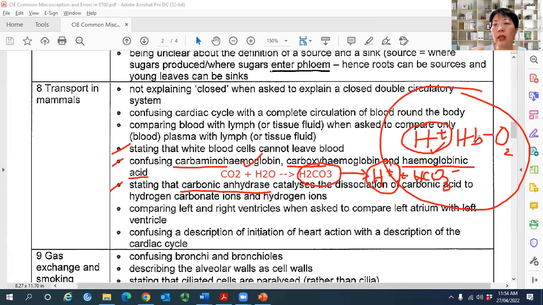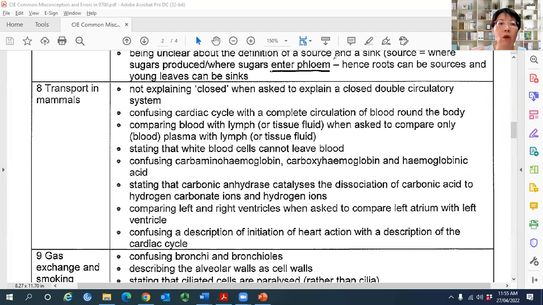Now, because hemoglobin got higher affinity for H plus, it will throw away the oxygen so that it can come and hold the H plus. So this is the meaning of higher affinity, right? It likes H plus more than oxygen, so therefore it has to throw away oxygen, then only it can hold the H plus. So that's why oxygen is unloaded and H plus is taken and carried by hemoglobin.